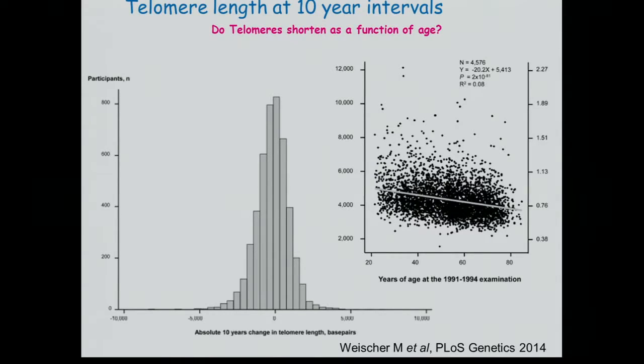Moreover, I think that this is what we should be showing everybody. This is the famous correlation now measured in 10,000 people. So what you can see is that, indeed, there is a correlation between age and size. The older you get, the lower the size of the telomeres, right? But there are young people that have shorter telomeres than old people. So just blindly taking a person's telomere length and using it to decide when he or she is going to die is impossible from this data.